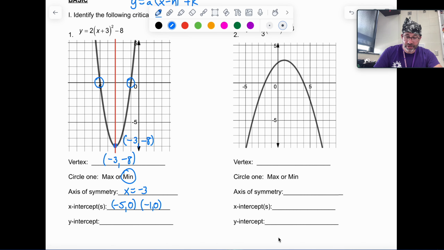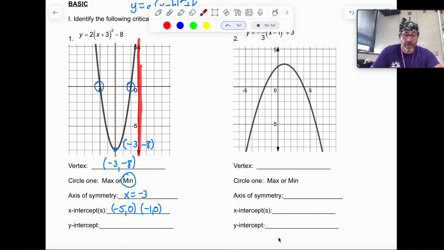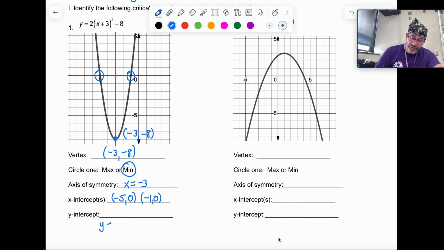And then your y-intercept for this one, how do we find that? Well, if we remember, all points along the y-axis are going to have an x equal to 0. So we're going to take a 0 and put it into the original equation, meaning we're going to change this x into a 0. If we make that into a 0, we have y is equal to 2 times (0 plus 3) squared minus 8.